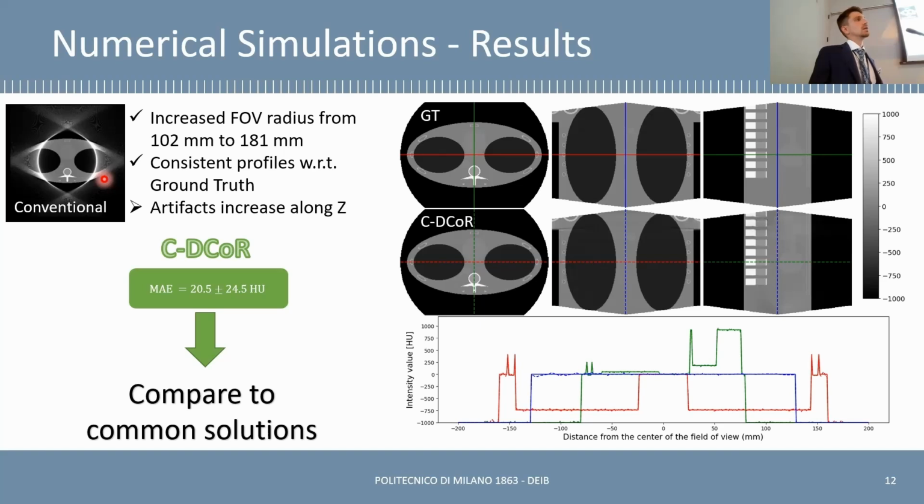Artifacts you get from standard complementary geometry, as you move away from the central plane. Can you point here where they're going wrong? I don't see anything. No, I think this is not the best grayscale. I think it's a bit compressed to show you. But usually here it's just slightly visible. Sorry, the ground truth is not reconstructed through the FDK, of course.